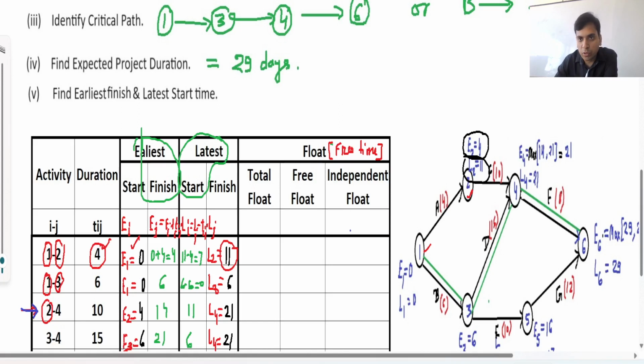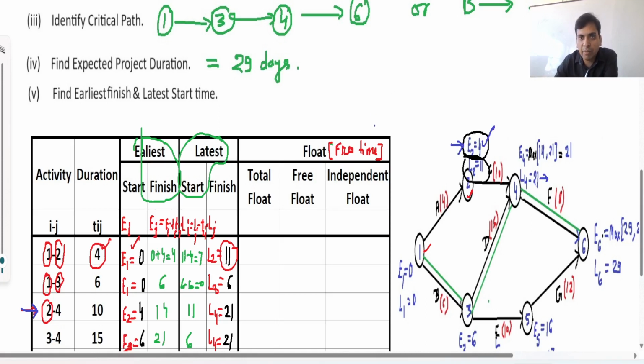So total float means we can delay a particular activity by how much time. Suppose we are talking about this 2 to 4 activity. The earliest start time for this activity 2 to 4 is 4 and the latest finish time of this activity is 21.